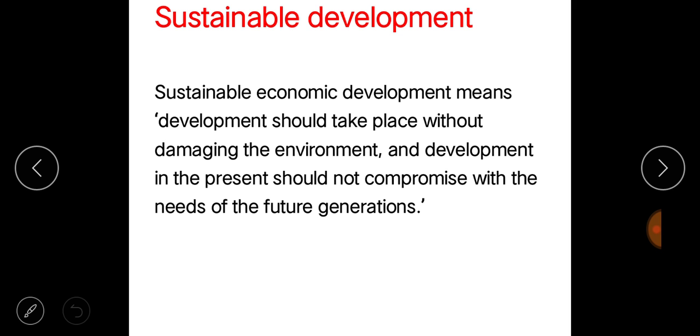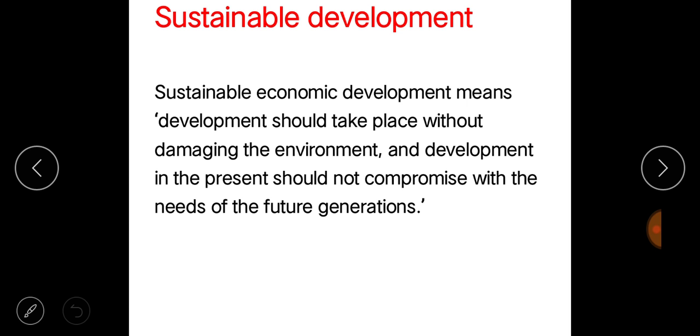Sustainable economic development means development should take place without damaging the environment. We should do development, but we should not damage our environment. We should keep in mind that we should use technology which is eco-friendly.